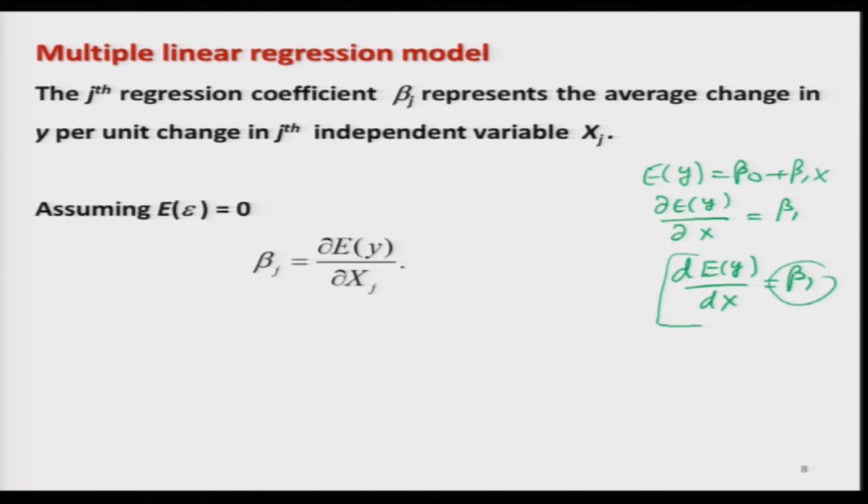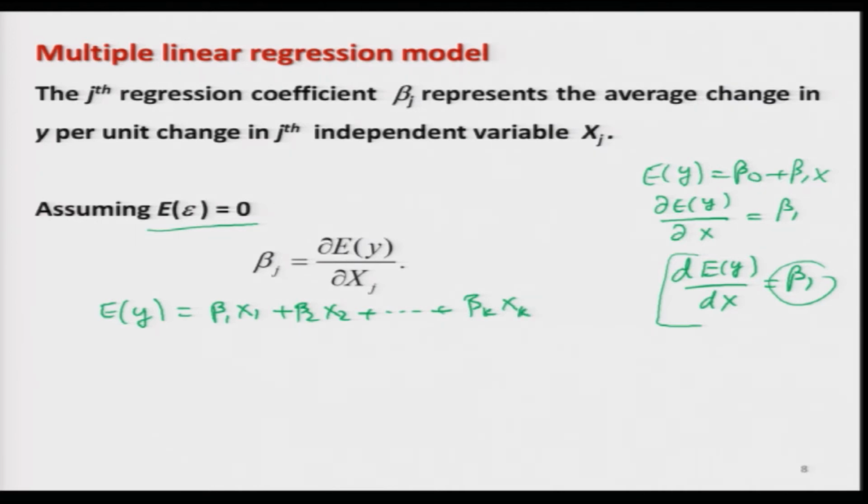Now if you try to extend this concept to the multiple linear regression model, then you have more than one beta j. If you assume that expected value of epsilon is equal to 0, then I can write expected value of y is equal to beta 1 x1 plus beta 2 x2 up to beta k xk.